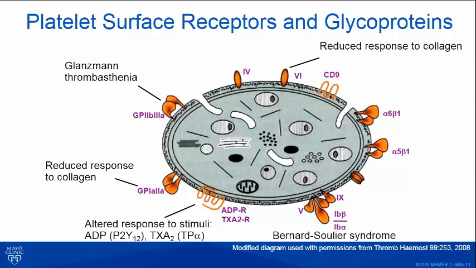Complex glycoprotein 1B-9 binds von Willebrand factor. Lack of it results in Bernard-Soulier syndrome. And there are also multiple G protein coupled receptors, such as ADP receptor and TXA2 receptor, and absence of them will also lead to absent response to the agonist and bleeding diathesis.